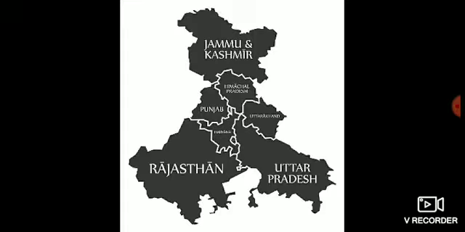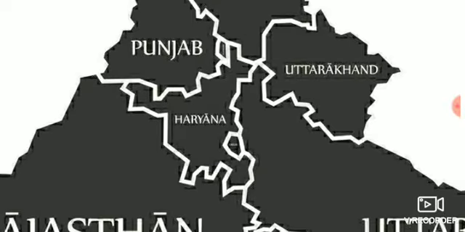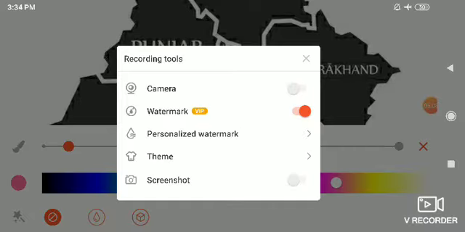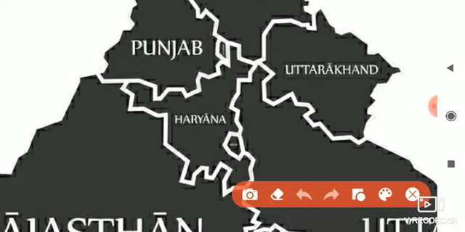So except Jammu Kashmir, the other states: Himachal Pradesh, Uttarakhand, Punjab, Haryana, Delhi. This place is Delhi. The small dot, it's here, no? Can you see it? Once again. Yes. This one.